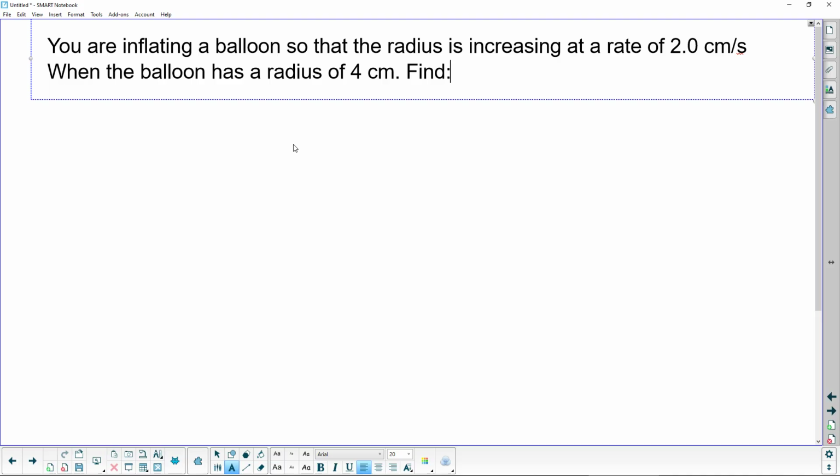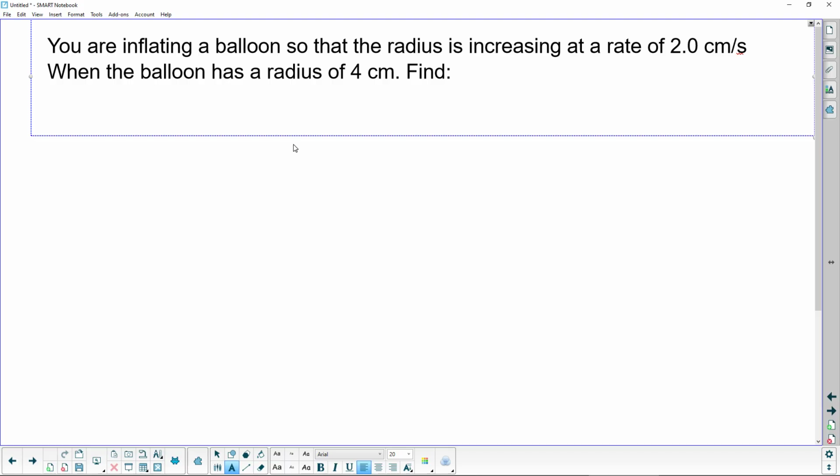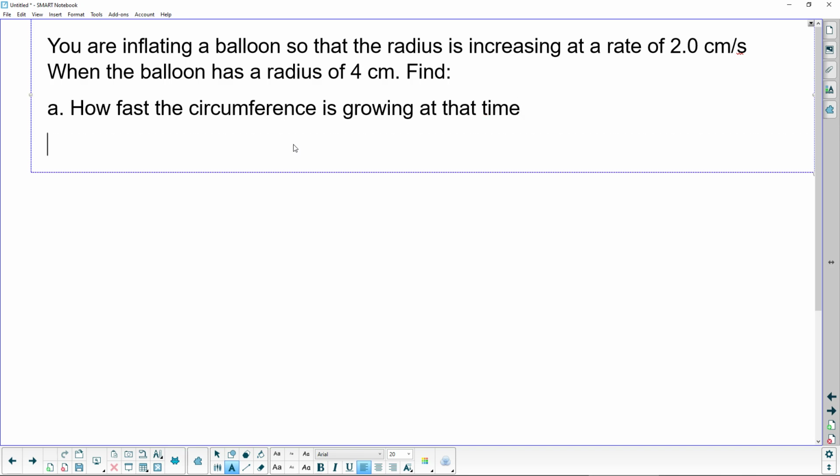Okay, we're going to do 3 different finds here. We'll go A. How fast the circumference is growing at that time. Okay. It's going to be all with the same point. Okay. How fast the surface area is growing.